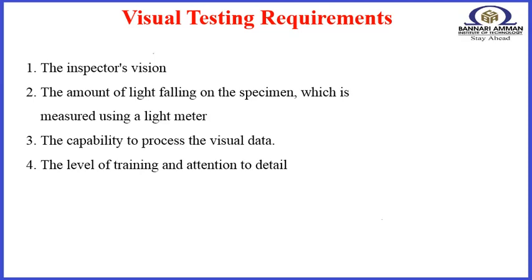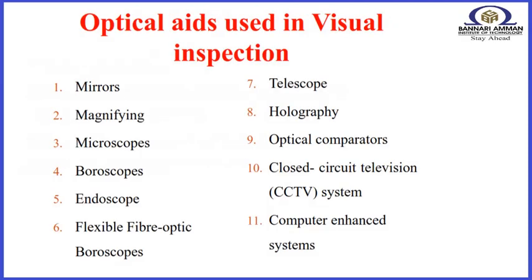Because visual inspection is so varied, the following list includes most optical aids currently in use. Mirrors, especially small, angled mirrors. Magnifying glasses, eye loops, multi-lens magnifiers, measuring magnifiers. Microscopes, optical and electron. Optical flats, for surface flatness measurement.